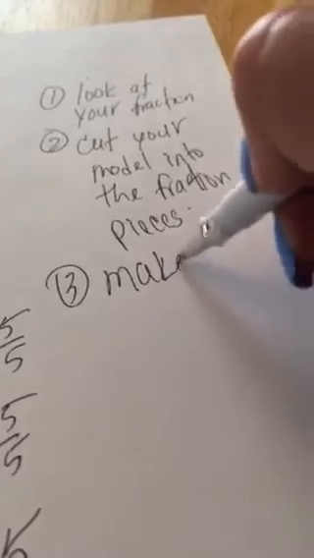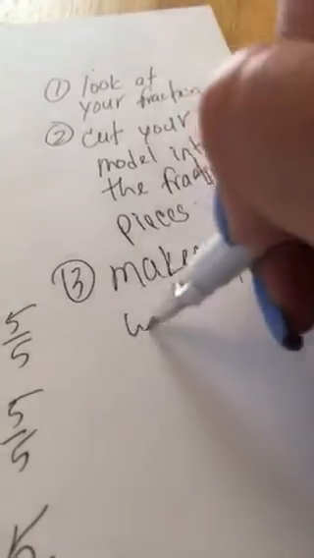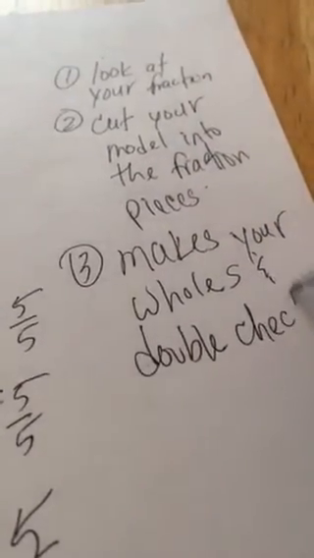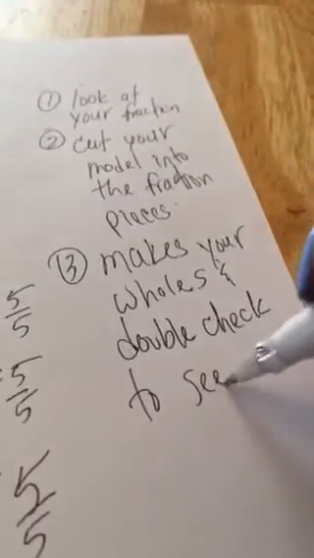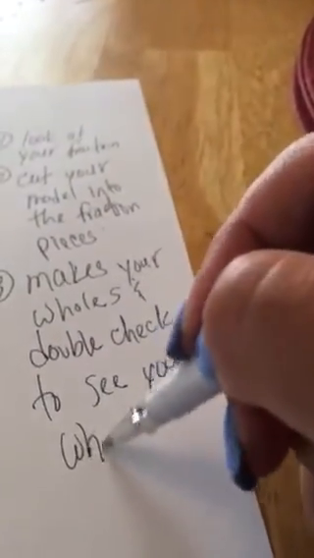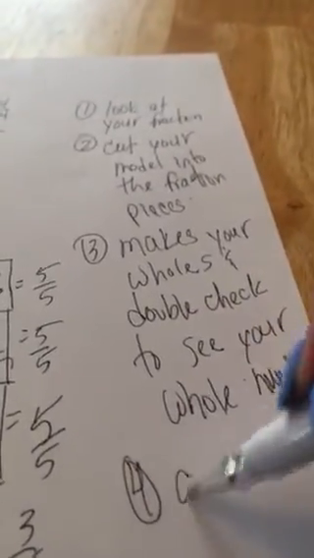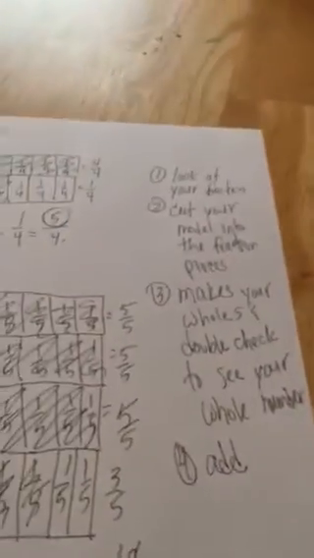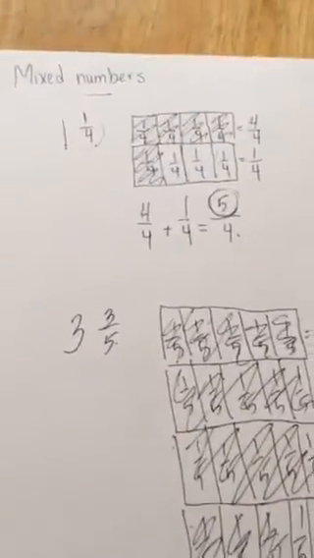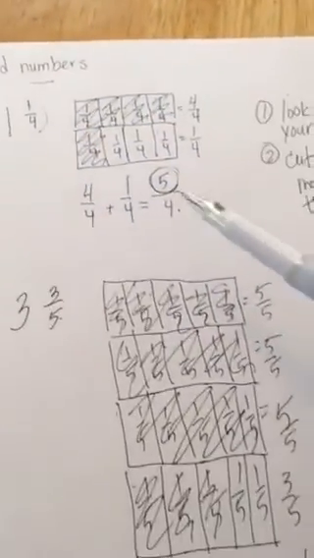Third, make your wholes, and double check to see those are my dogs fighting, your whole number. Fourth, add. So if you actually want to rewind this video and make sure that you follow all these steps, check your models against these models, you'll be able to make your mixed number into an improper fraction.